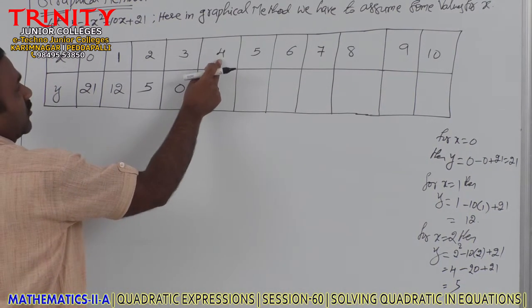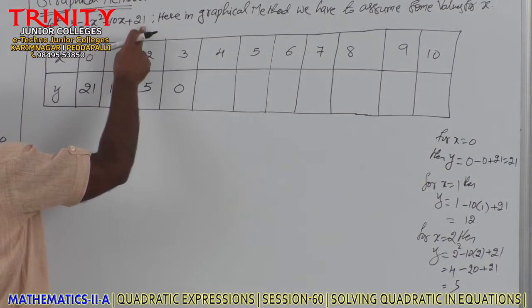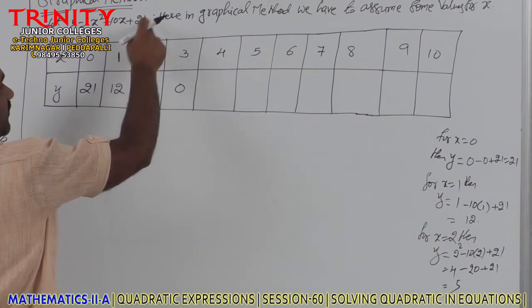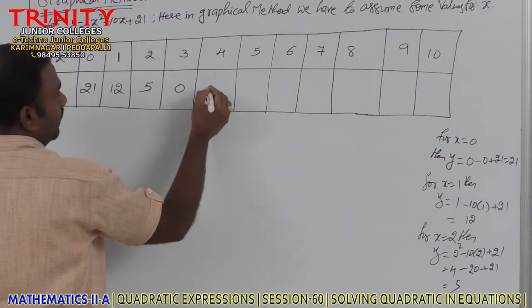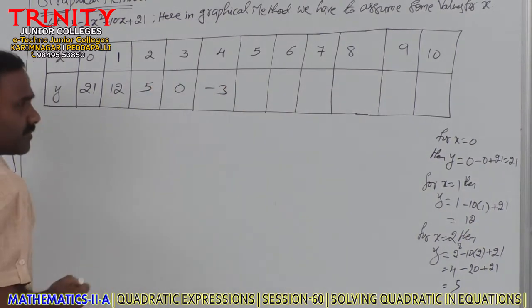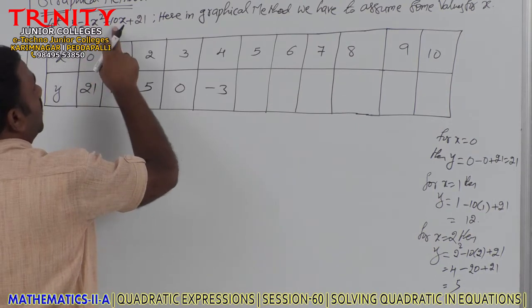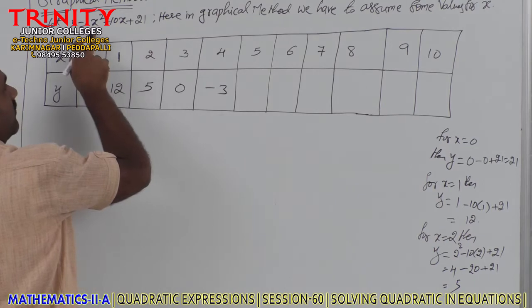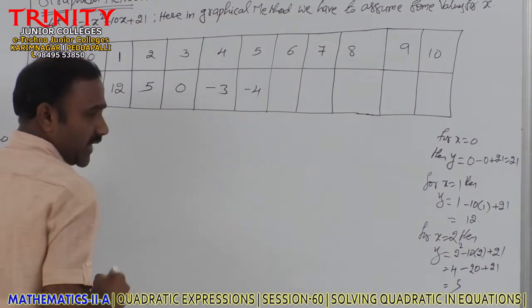Next, for x is equal to 4, the value of y is 4 squared, that is 16, 16 plus 21 is 37, 37 minus 10 into 4, minus 40, that is minus 3. For x is equal to 5, 25 minus 50 plus 21: 21 plus 25 is 46, 46 minus 50 is minus 4.